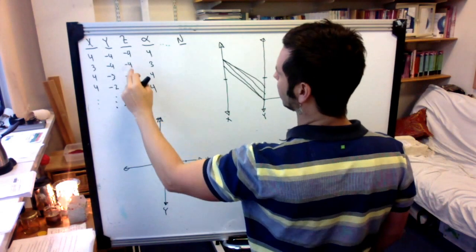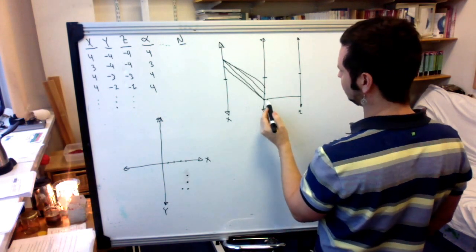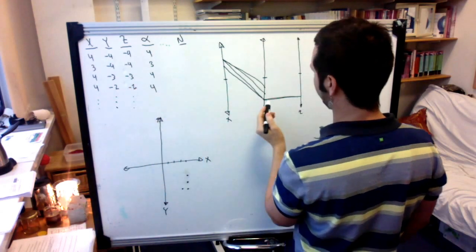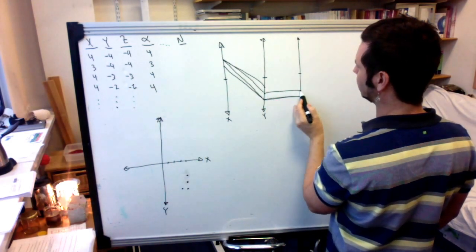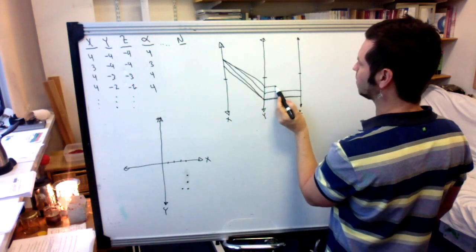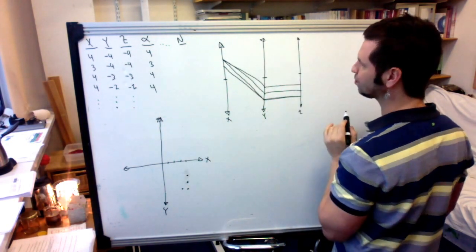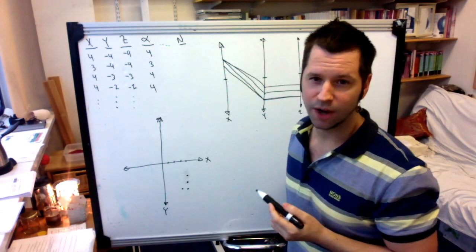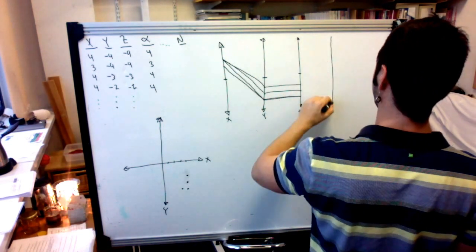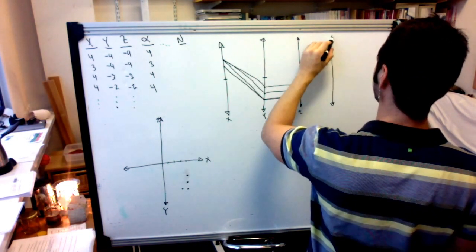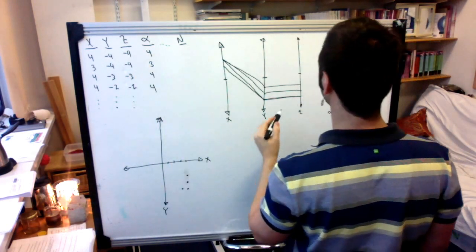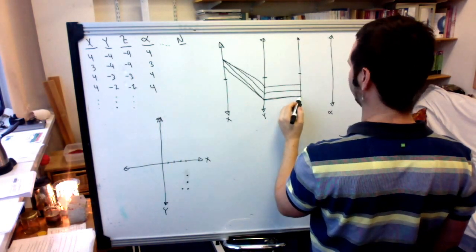Again, we have 4 and -4, so we have another overlapping line there. We have 3 and -3 connecting together, and we have -2 and -2 connecting, like that. And we can add a 4th dimension if we want to. That turns into another axis, alpha.